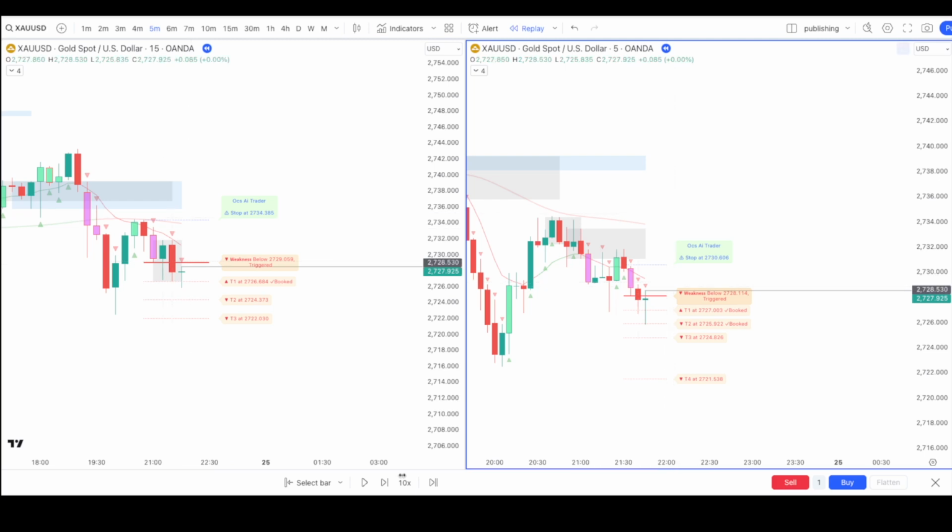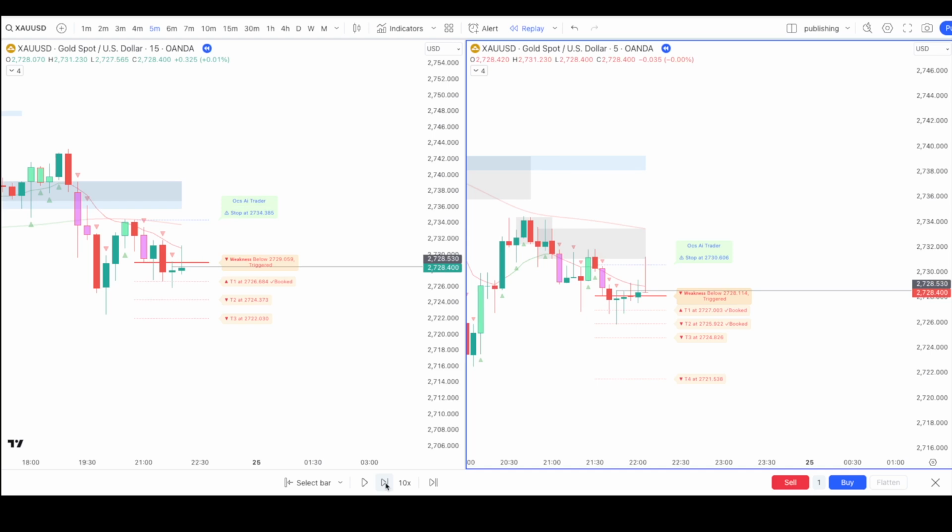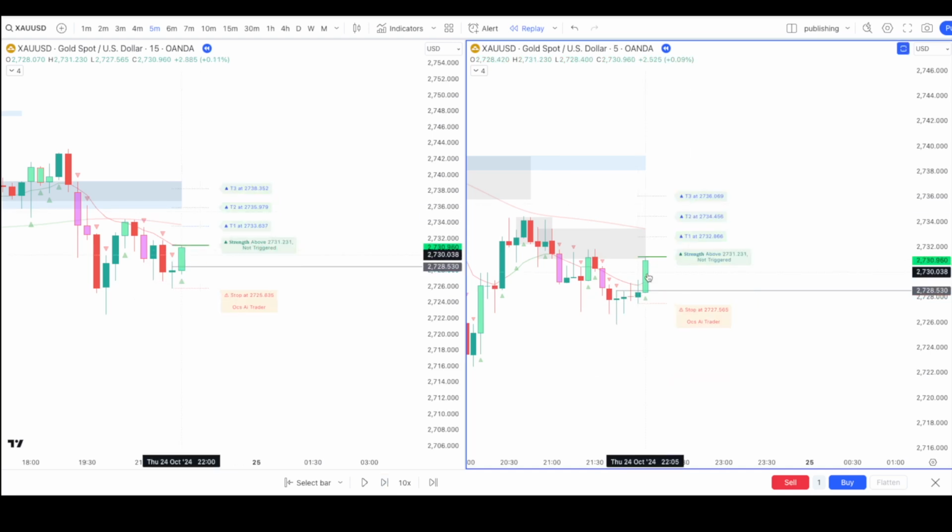What we are seeing in replay mode is that a long trade has been given on 5 minutes, with correlation on 15 minutes, and this trade is above the high of this last negative signal candle.